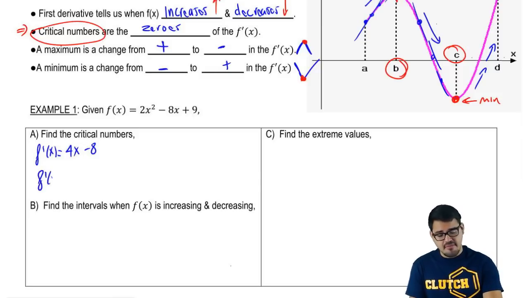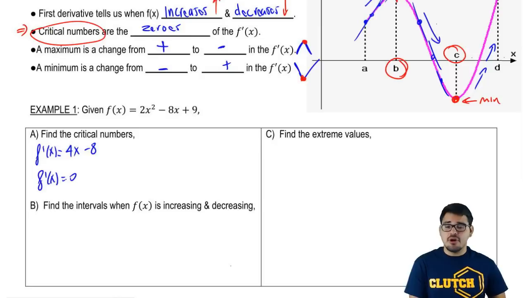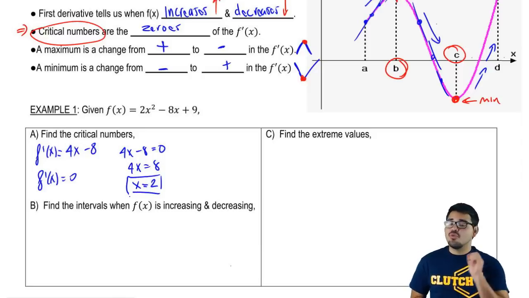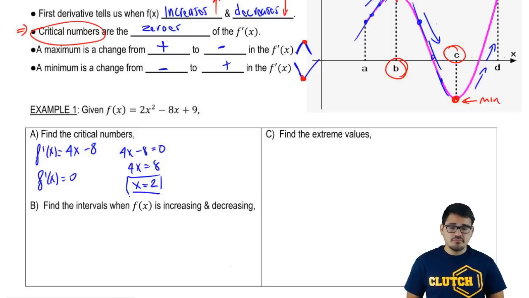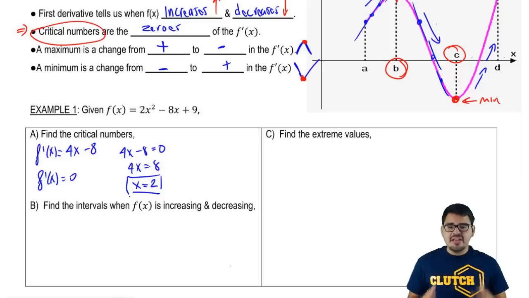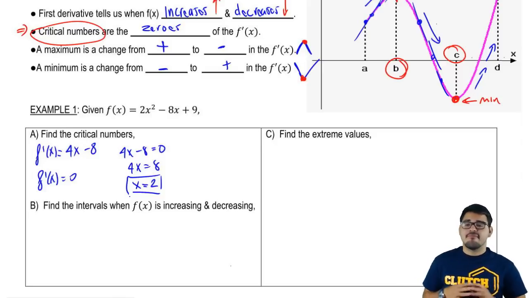So I'm going to have f prime of x equal to 0, and I'm just going to write 4x minus 8 equal to 0. If I move over my 8, I get 4x equal to 8. And then if I divide both sides by 4, I get x equal to 2. So in this case, I just have one critical number, and I just found it, right? That is the first step. Just finding my critical number is going to be my first step.